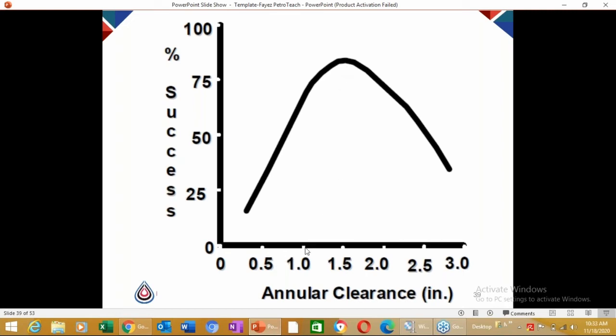But if, let us say, it is 1 inch, the success for the casing will be reduced, could be 40% or 50%, something like that. Anyhow, you must first of all consider the annular clearance between the formation and the outside of the casing.